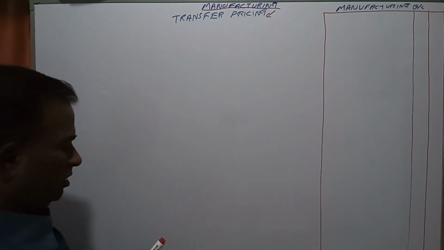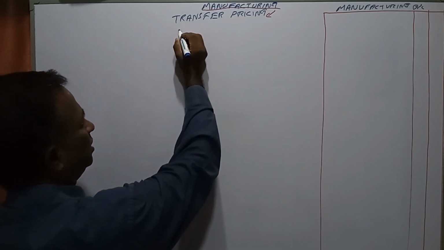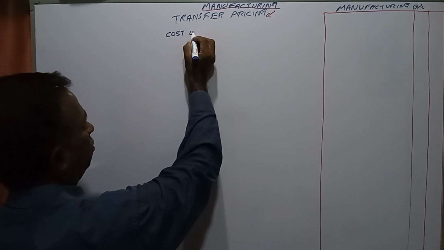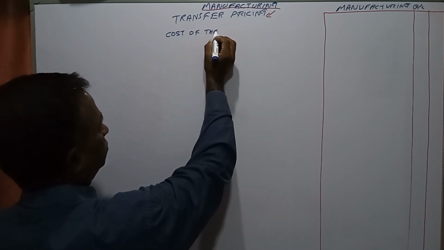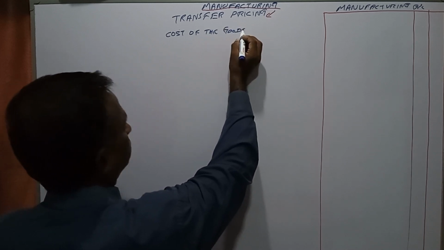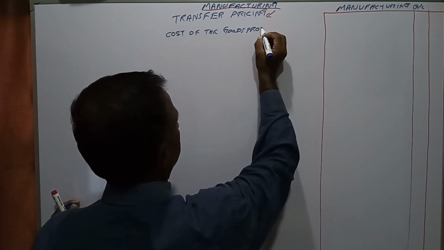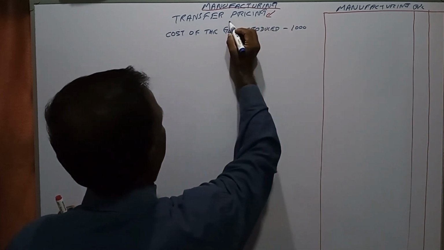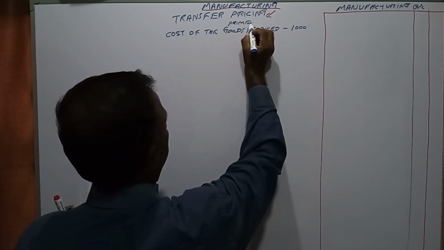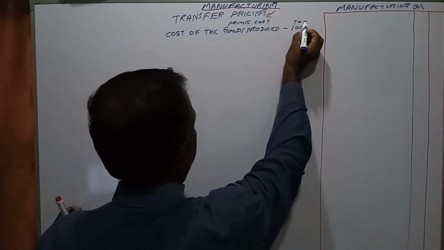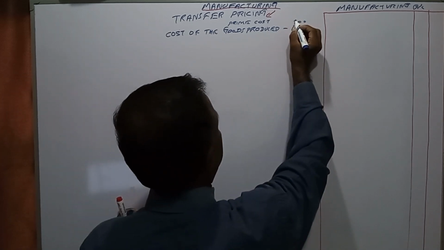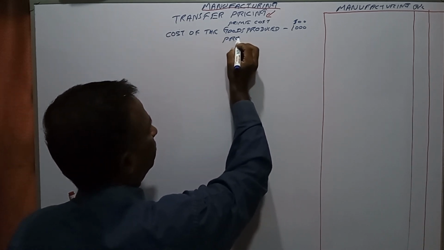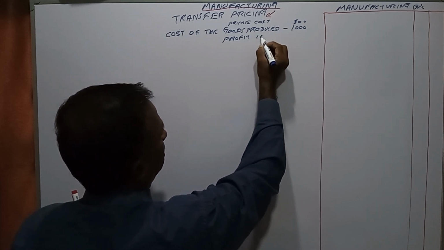So if there is a prime cost and cost of goods produced, cost of goods produced maybe 1000, prime cost maybe 700, or 600 or 500, and they want to fix a profit, they may keep a 10% margin.